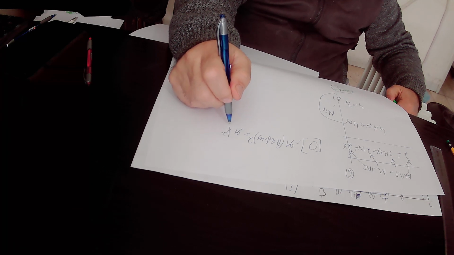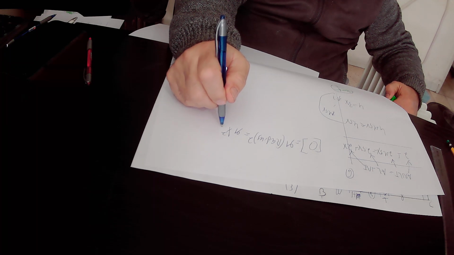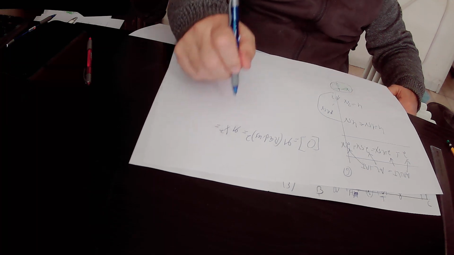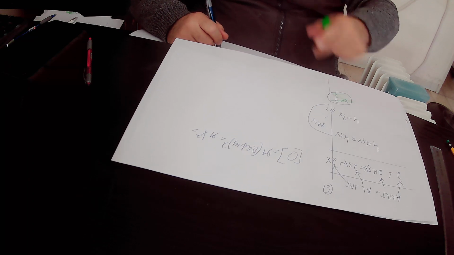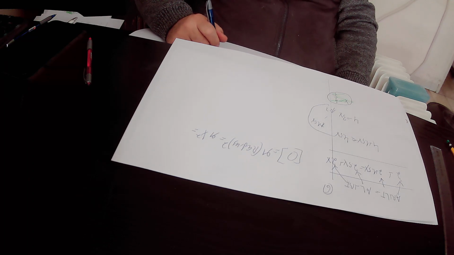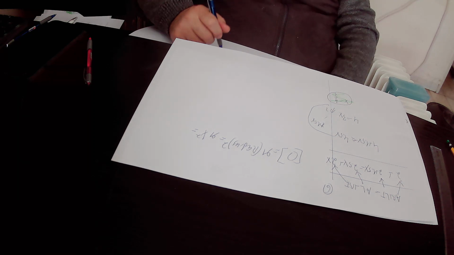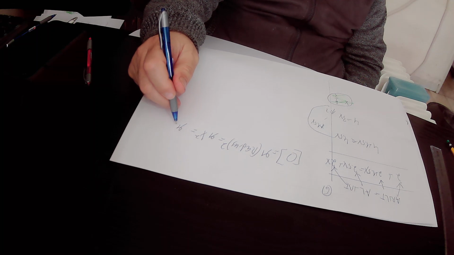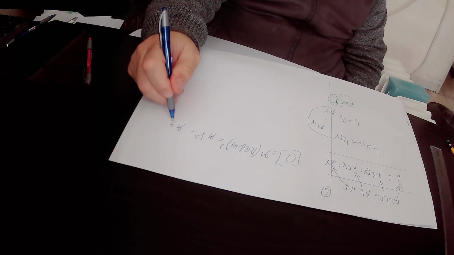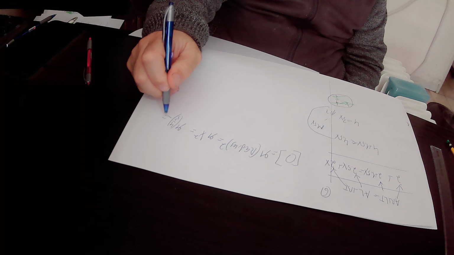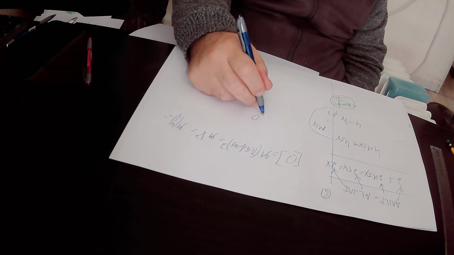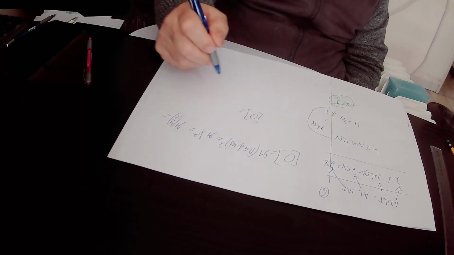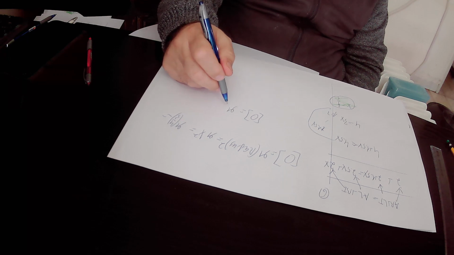So the area of the circle equals pi x squared. If x equals 4 over 3, then x squared will be equal to 4 over 3 squared. So the area of the circle will be equal to pi times 4 over 3 squared.